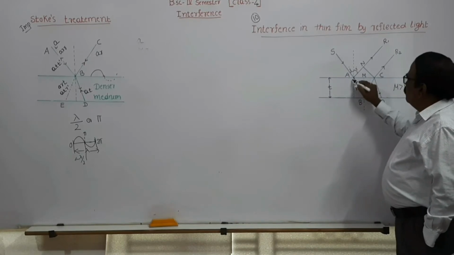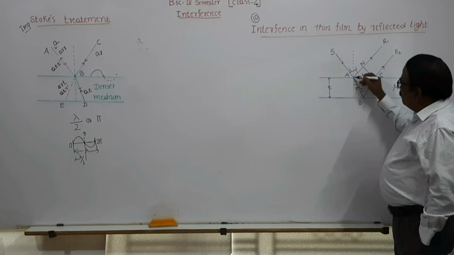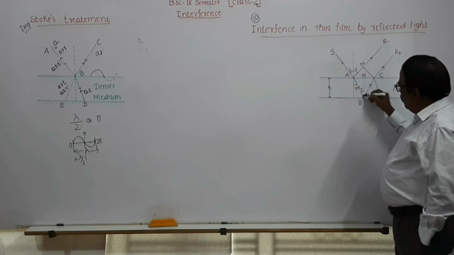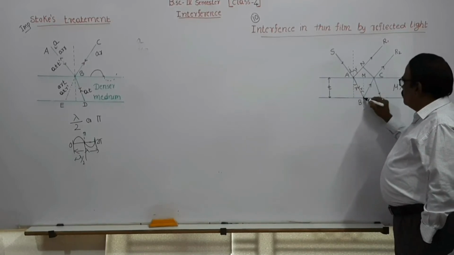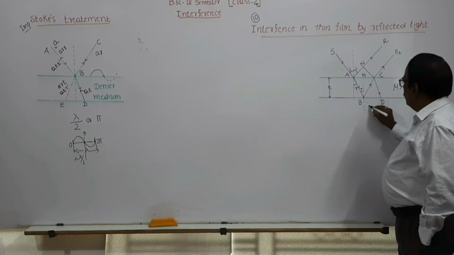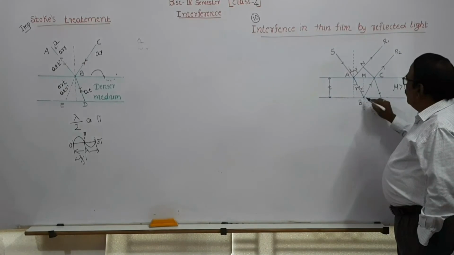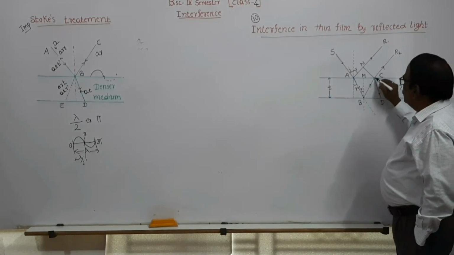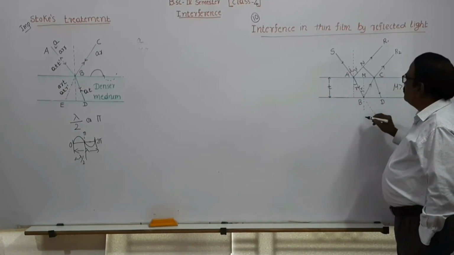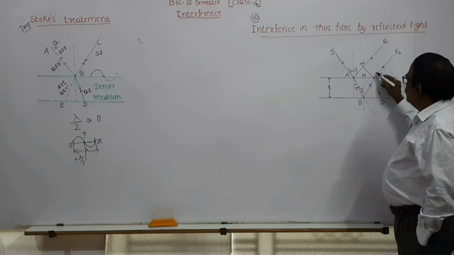See, one wave goes along AR1. Then the wave travels along AB. It has to transfer from the denser medium to the rarer medium. Then part of the light is transmitted here and part of the light is reflected. Then once again at point C, the ray is traveling from denser to rarer.